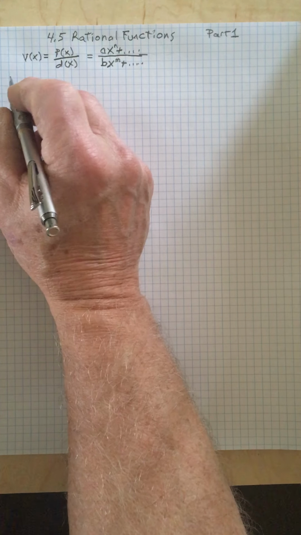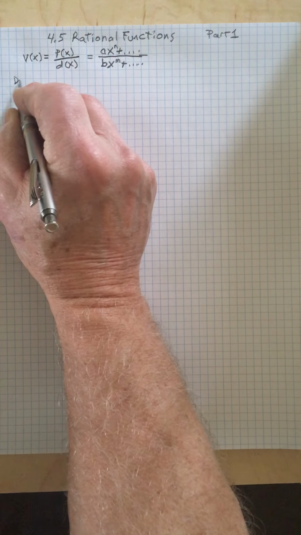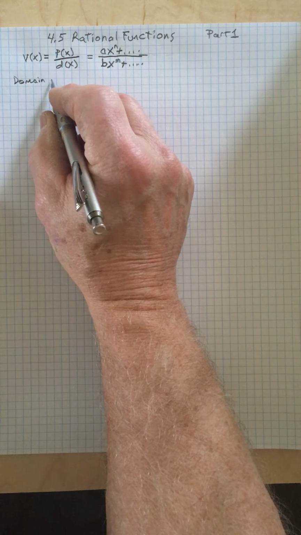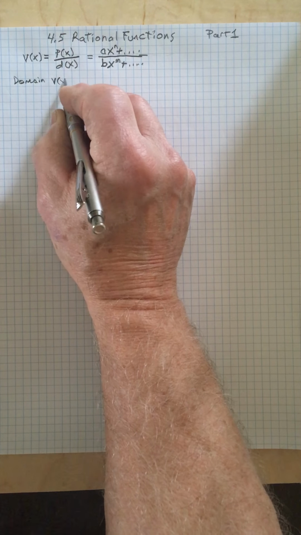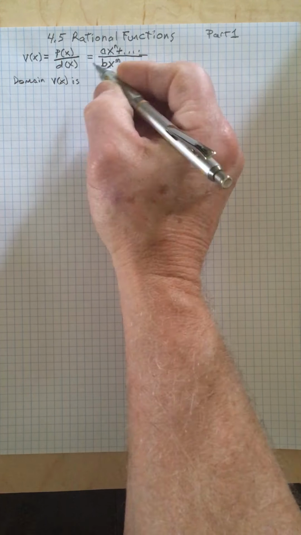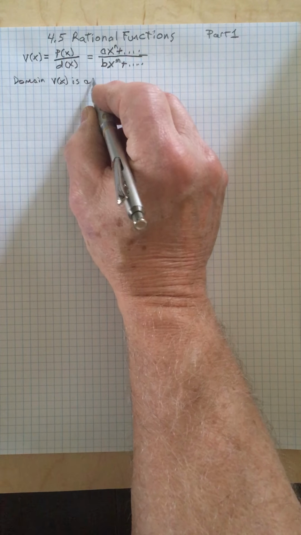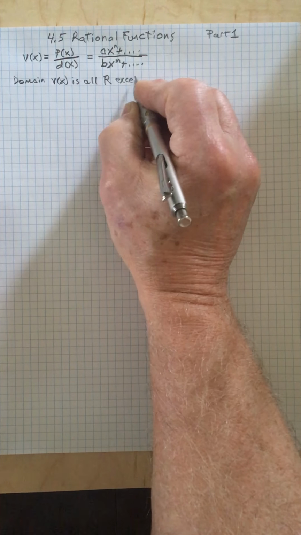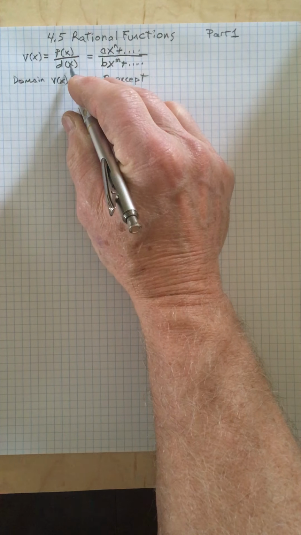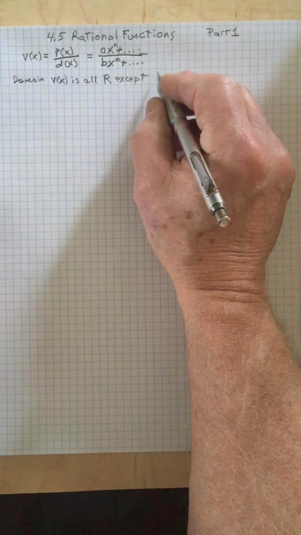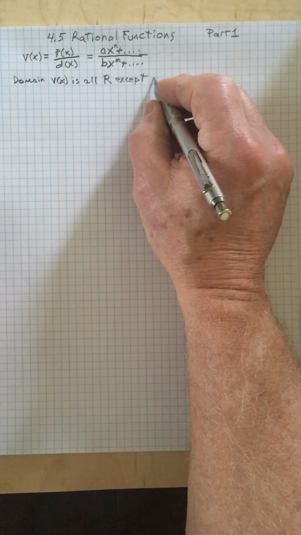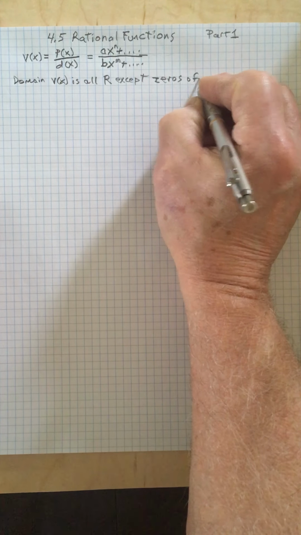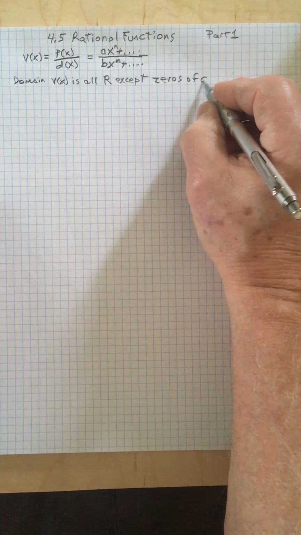So right off the bat, we know that the domain for one of these functions would be all real numbers except the zeros, the real zeros, or just the zeros in general, of the denominator, d of x.